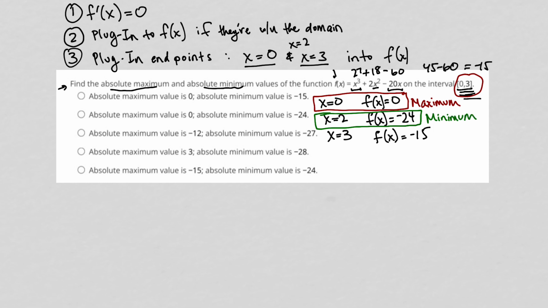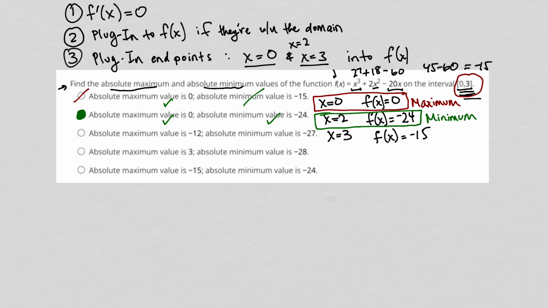So let's see what answer matches that. The first one says absolute maximum value is 0. That's true. And absolute minimum value is negative 15. That's not true, so that's gone. The next one says absolute maximum value is 0, which is true, and absolute minimum value is negative 24. Both of those are true, which makes this the correct answer. I like to make sure I check the rest of them, although I'm pretty certain that's correct.